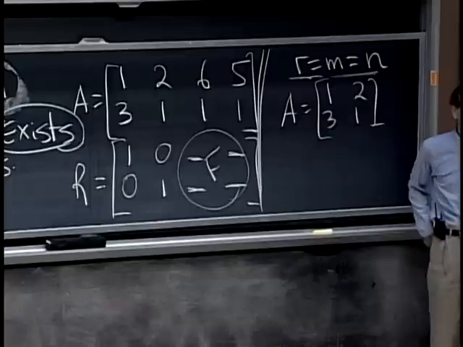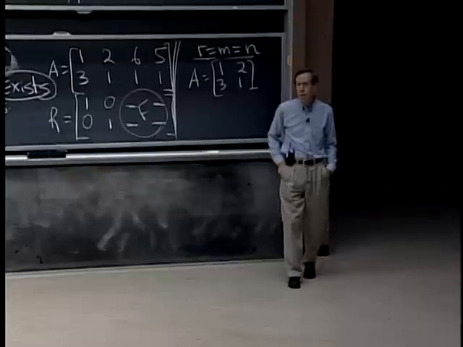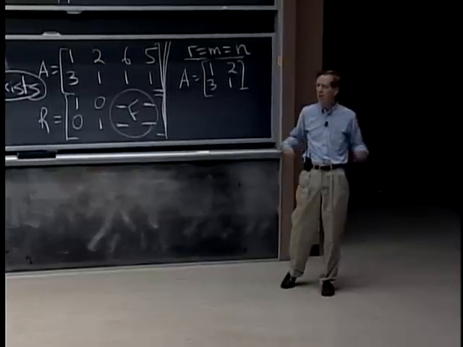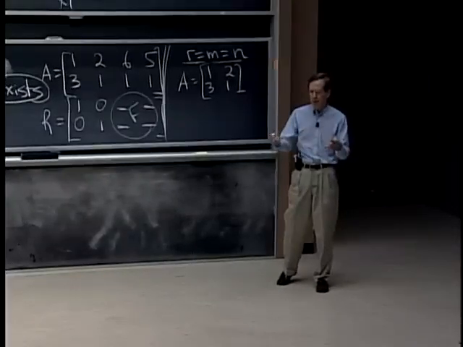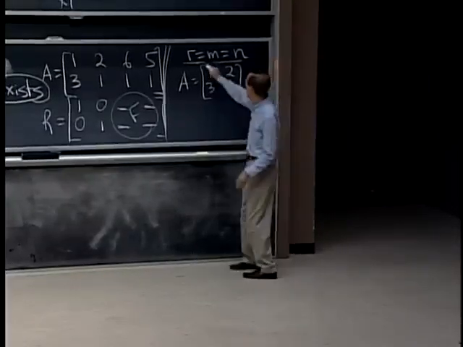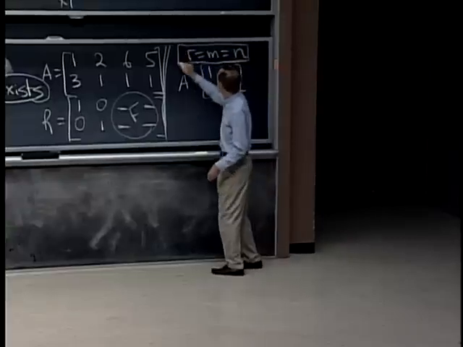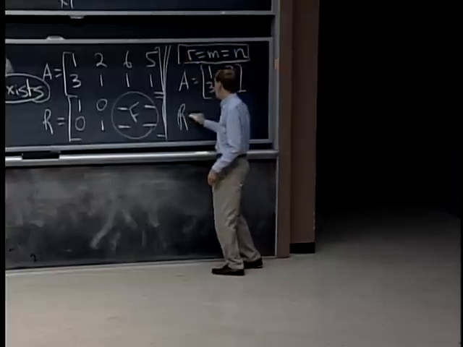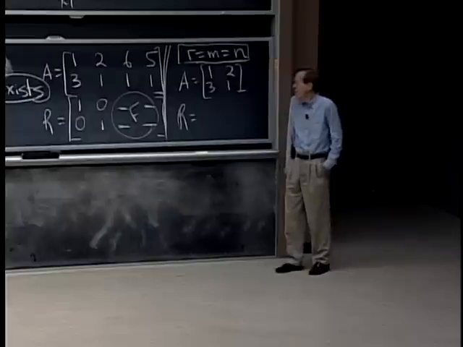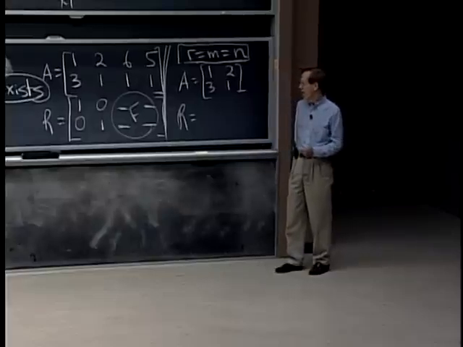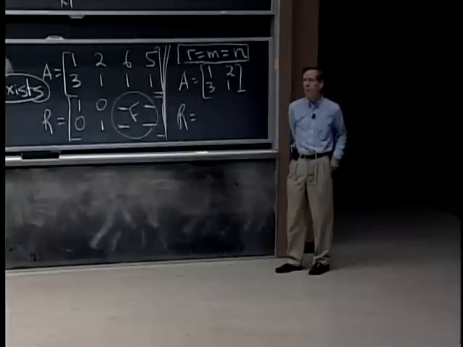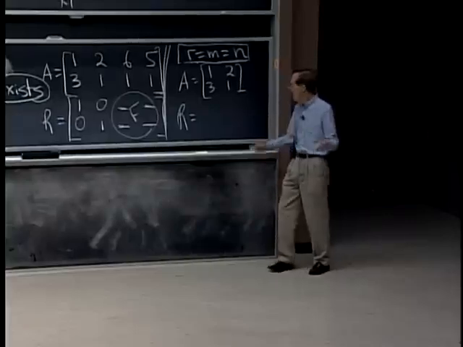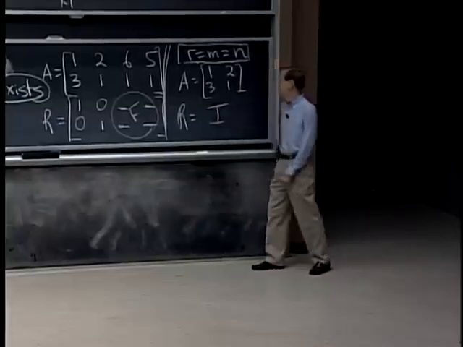And what kind of a matrix have I got? It's invertible. So that's exactly the invertible matrices. R equal M equal N means, and what's the row echelon form? The reduced row echelon form for an invertible matrix. For a nice square invertible matrix, it's I. Right.